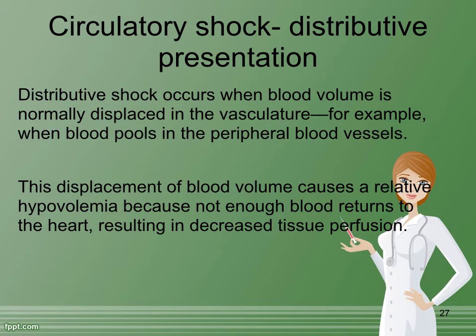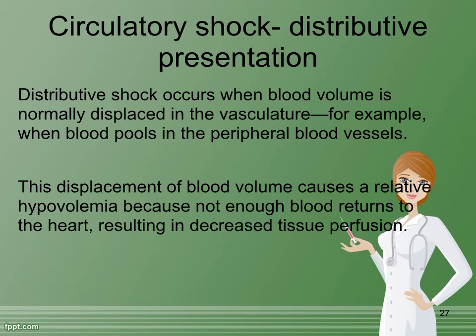Vasomotor tone is vasoconstriction or vasodilation, and this is under autonomic nervous system control. So the size of the vascular system is directly related to vasomotor tone, which is under autonomic nervous system control. And vasomotor tone is actually vasoconstriction or vasodilation.